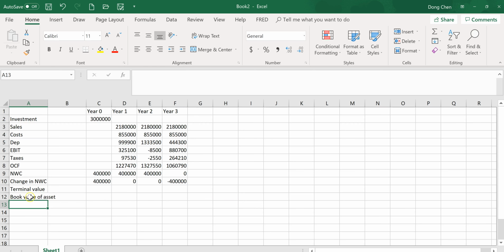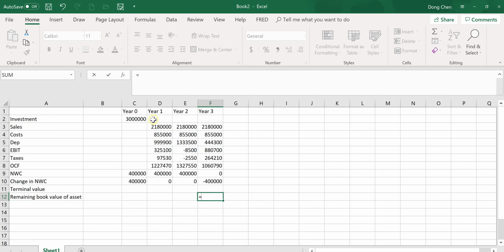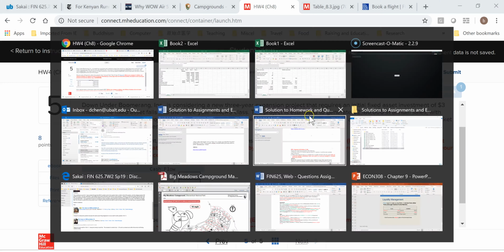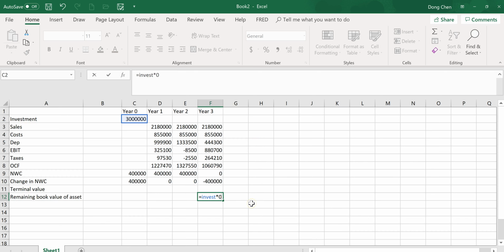To be more precise, this should be the remaining book value of asset. As we said, this will be determined by the initial investment times the year 4's depreciation percentage, 0.0741.